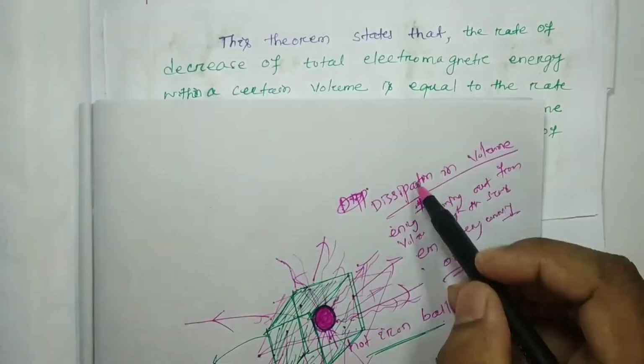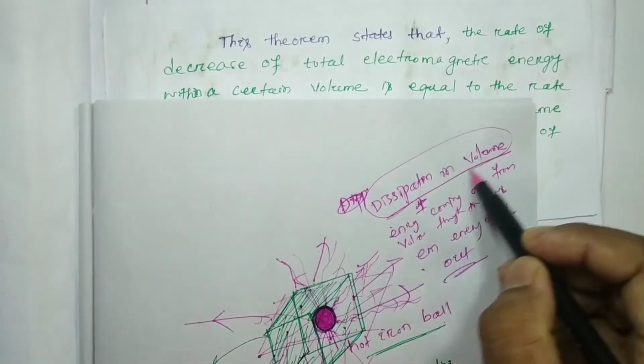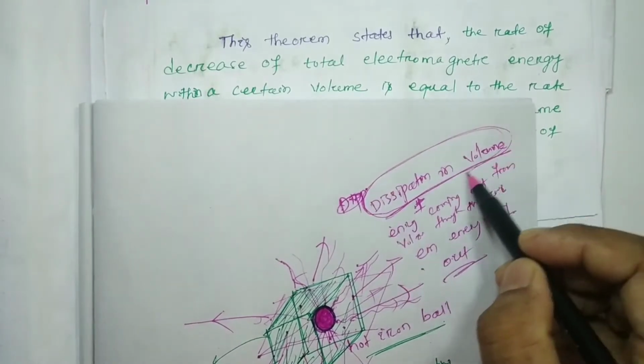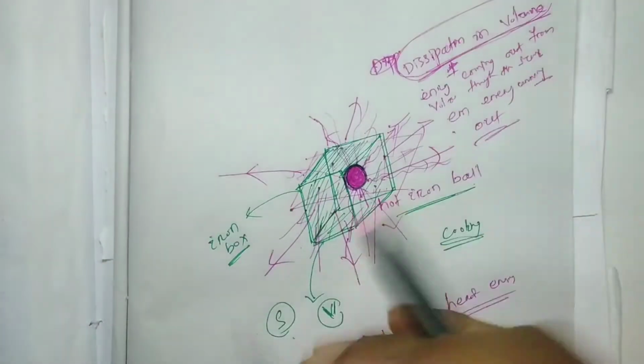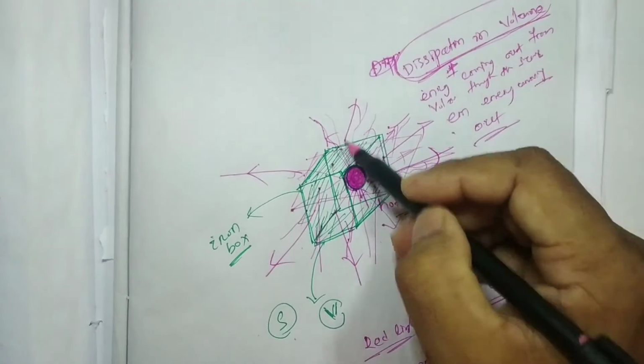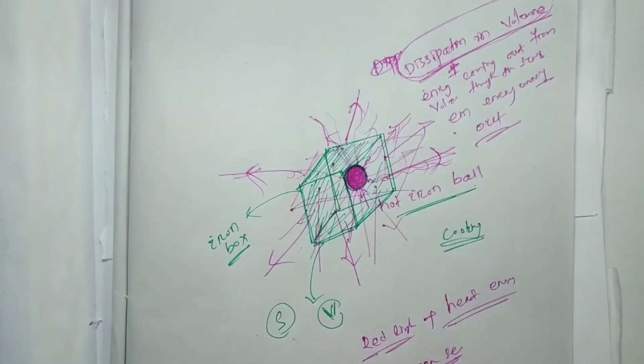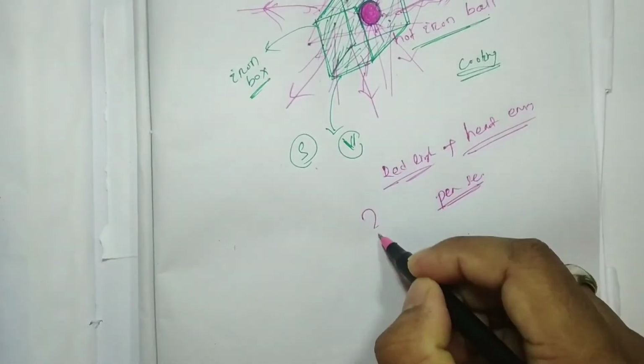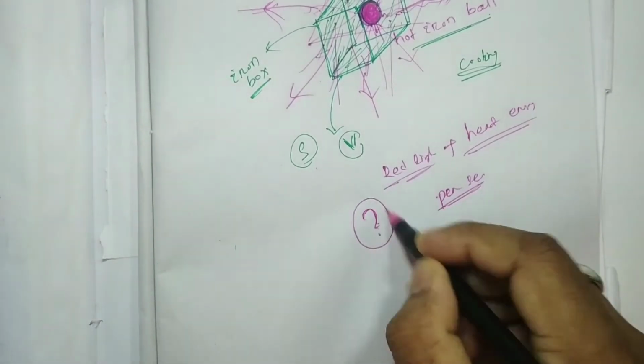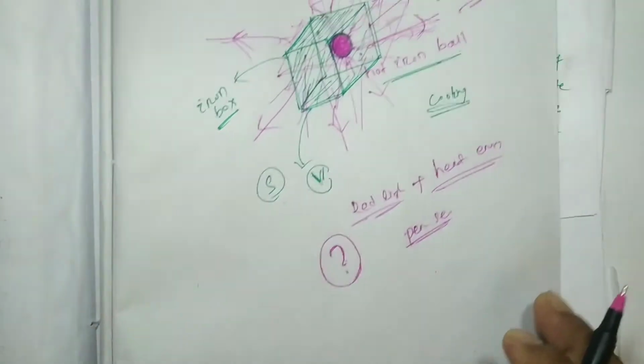One is dissipation, where some energy is dissipated, and the rest of the energy comes out from this volume through the whole surface area. Now the question is in which way or how the energy has been dissipated.